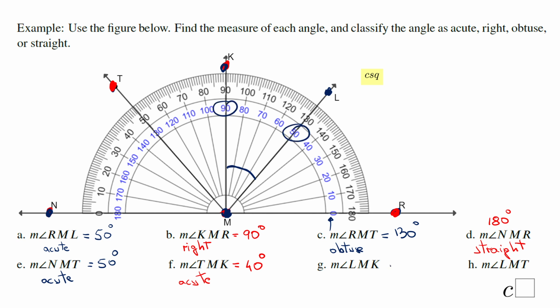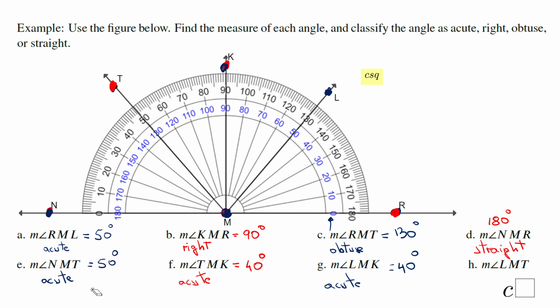Okay, so it's going to be what? 40 degrees. If you take a look on the black scale, 90 here, 130 here, you should see that 40 degrees also. Acute angle. And again, you notice these two angles have the same measure, TMK and LMK. They are congruent angles. You'll hear me saying that later.